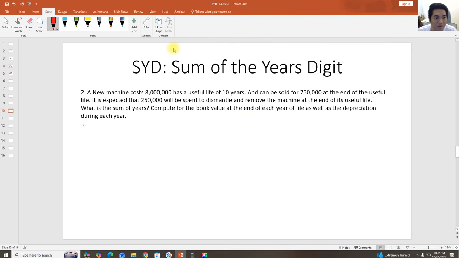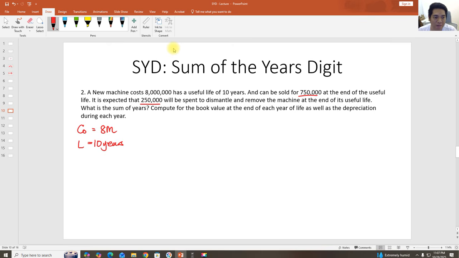So we have 8 million as our first cost. 8 million, I'm going just to write 8M. And then L would be 10 years. Okay. And the problem states that it can be sold for 750,000, which is the salvage value. But if you sold it, it is also expected that you will be spending 250,000 to dismantle it.